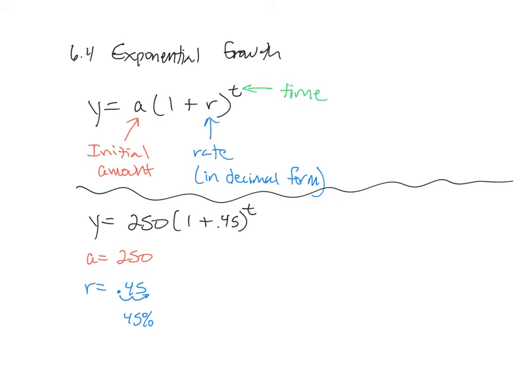Now, you're going to need a calculator for this because first, 1 plus 0.45 is 1.45. But then it wants us to evaluate when t equals 5. Now, I don't know about you, but I don't really want to do 1.45 times 1.45 times 1.45. Use a calculator. So let me get my calculator out here really fast. We're going to do 1.45 to the 5th power.